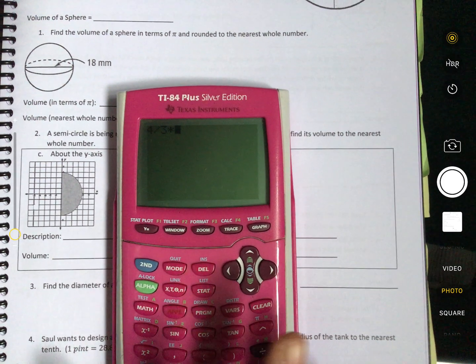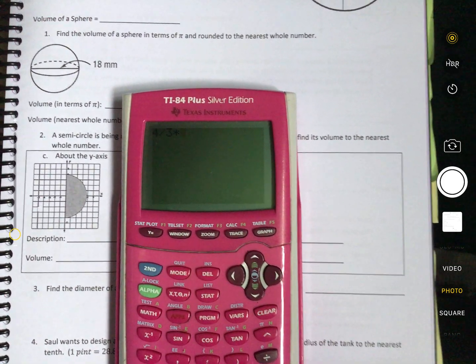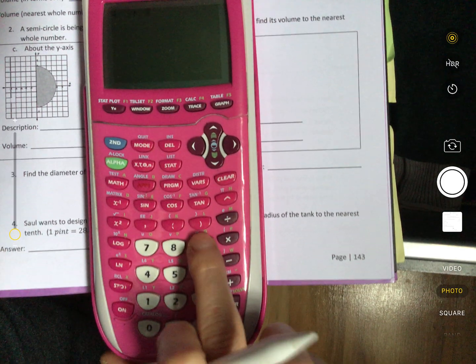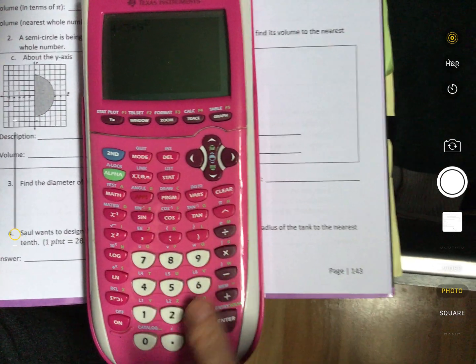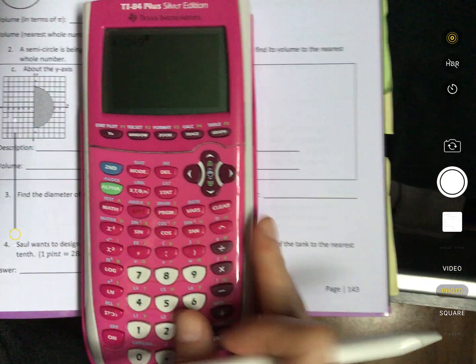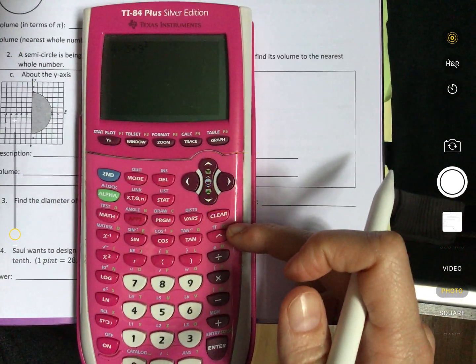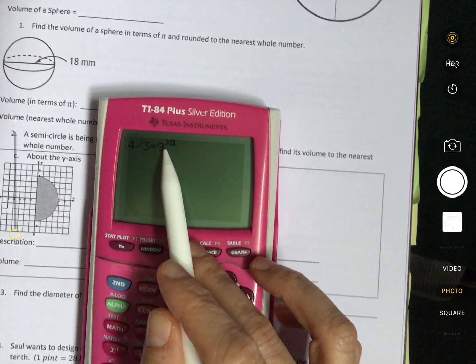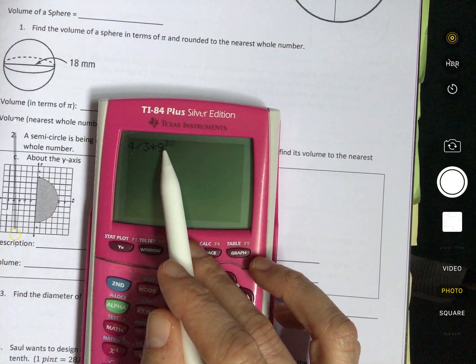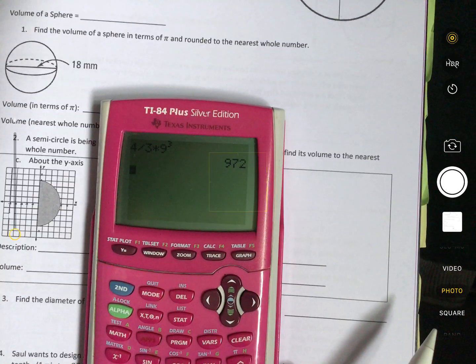So I'm going to do 4/3. My calculator can't handle pi, so I'm not going to put pi in, but 9 to the, that's not the 3 button, to the third power. This caret button, little mountaintop, is how you say I would need an exponent to the third power.